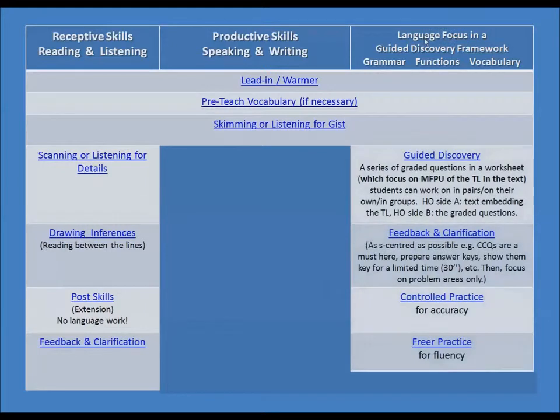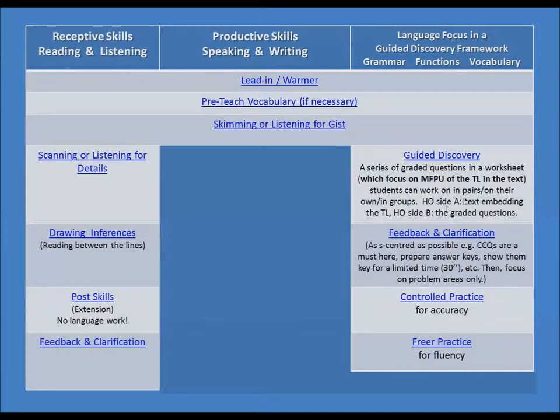In language focused lessons, after these three stages, we would then look at the language embedded in the text in the guided discovery, and it would be a series of graded questions in a worksheet related to the language embedded in that text that we initially looked at.